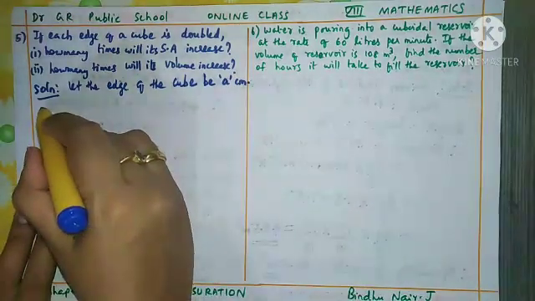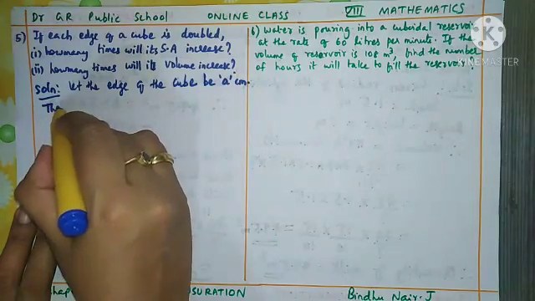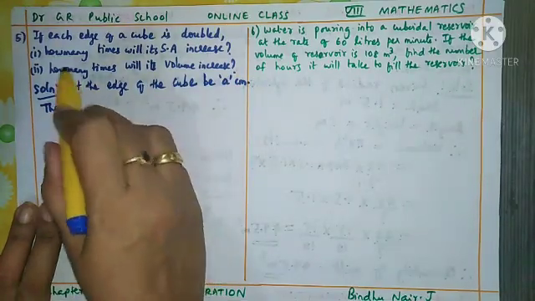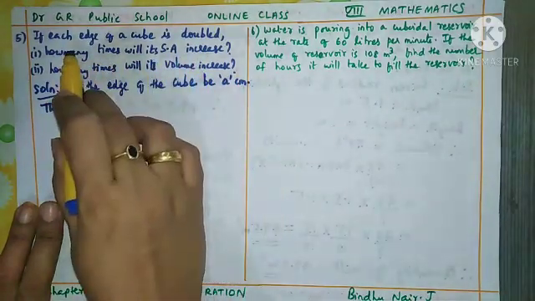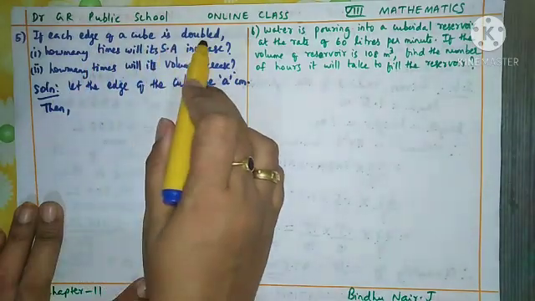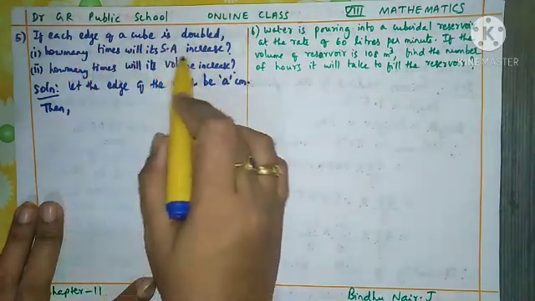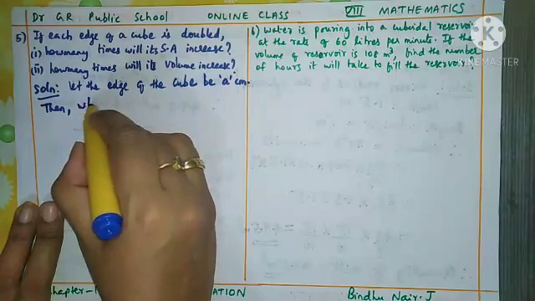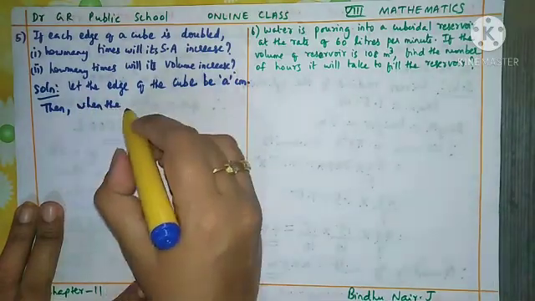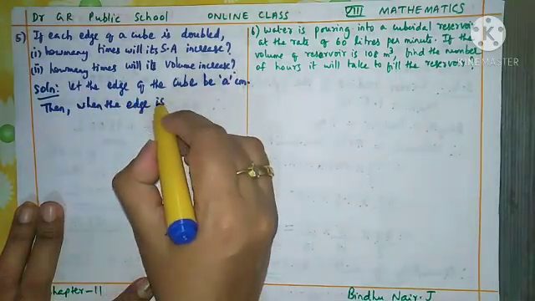Now, according to the first problem, what is asked? If each edge of a cube is doubled, what happens to surface area? So when the edge is doubled, what happens?